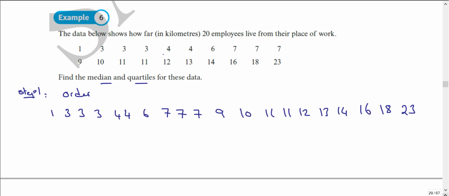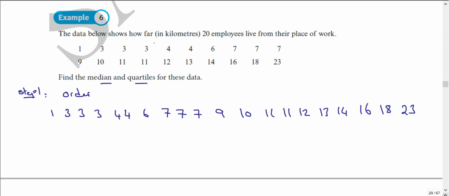This data represents how far in kilometers 20 employees live from their place of work. The first one is very lucky: he's only 1 kilometer away and can walk to work. He doesn't need any ride. Then we have 3 kilometers, then 4, and so on.